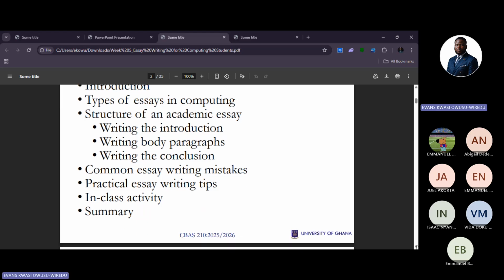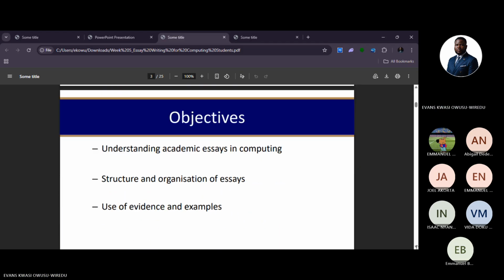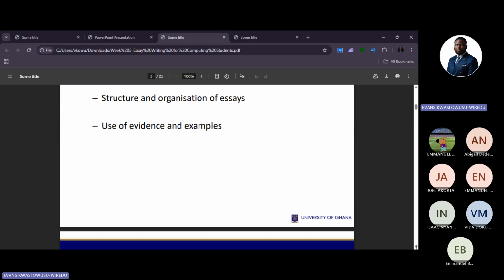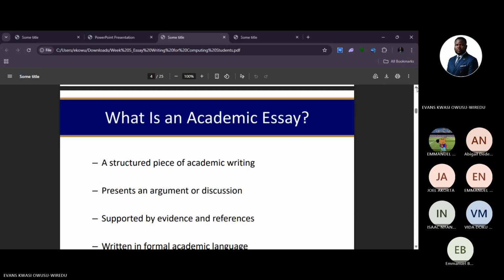Okay, so let's talk about essays and types of essays. Now we talk about articles and stuff, but we want to talk about essays, right? An essay is a structured piece of academic writing. That's one thing you must know.